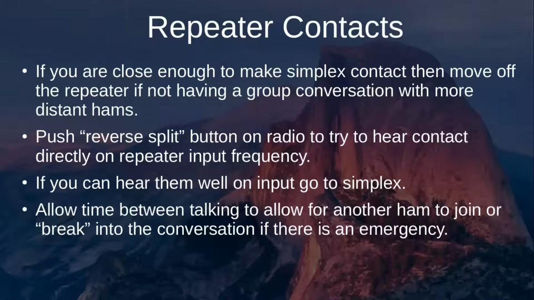So the frequency you're transmitting on, you're going to be listening on as well. You're not going to be transmitting to the repeater input and listening on a different output; you're listening on the same frequency. So utilize the reverse split button to see if you can actually hear the other party's transmission directly. And if you can, have a simplex conversation and move off the repeater so other people that may need it can use it.